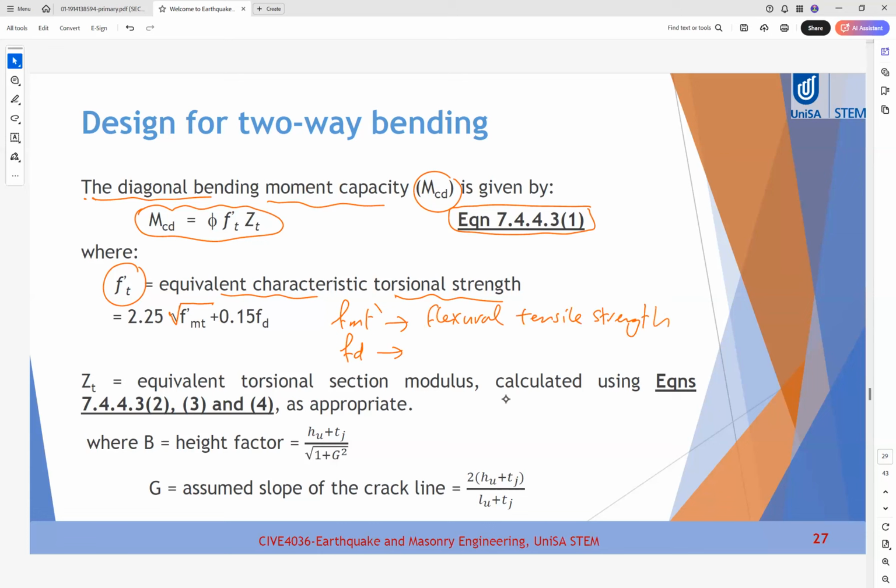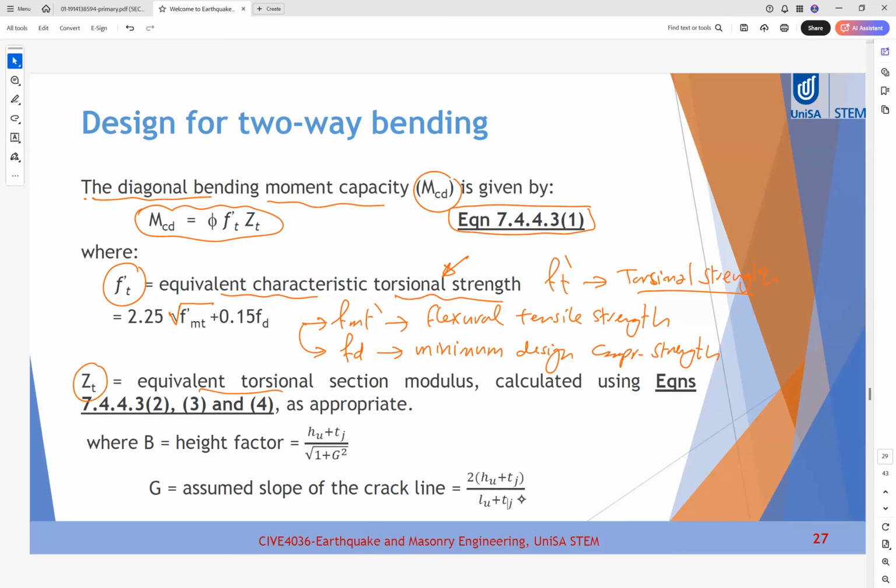and fd is the minimum design compressive strength. So ft dash is the torsional strength, which depends on fmt dash and fd.